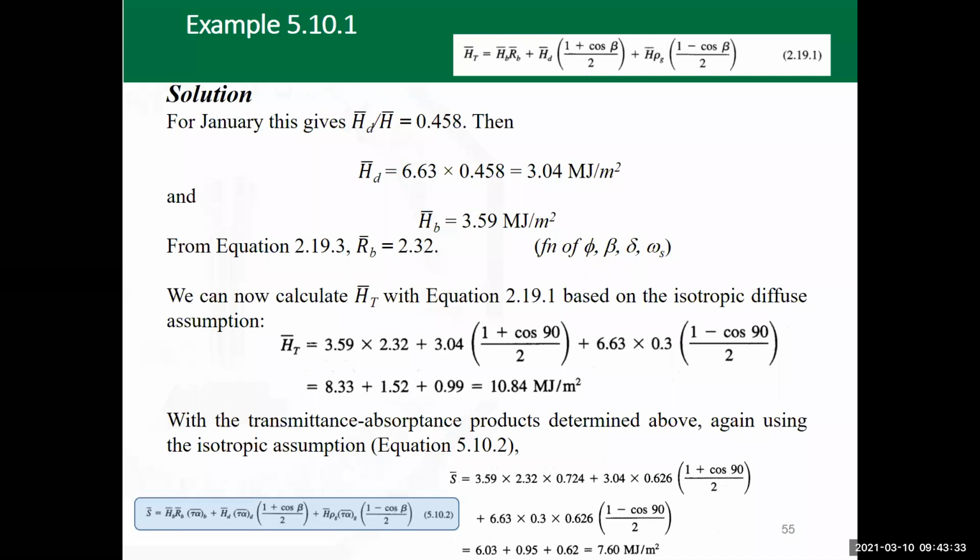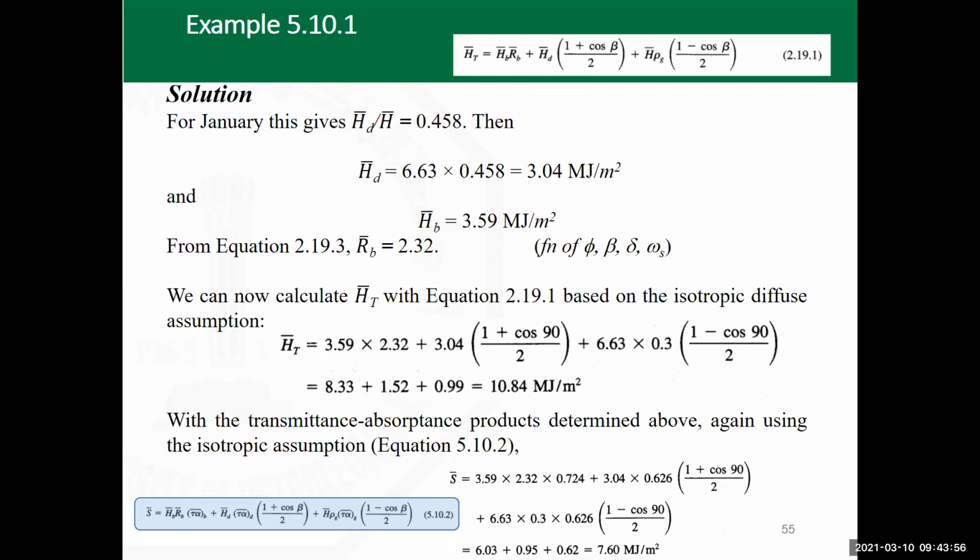When we're talking about the value of HT, doesn't it represent the falling energy on a tilted surface? Yes. So this is energy falling. We have not talked about the surface so far. We're just talking about the amount of radiation falling onto the surface.